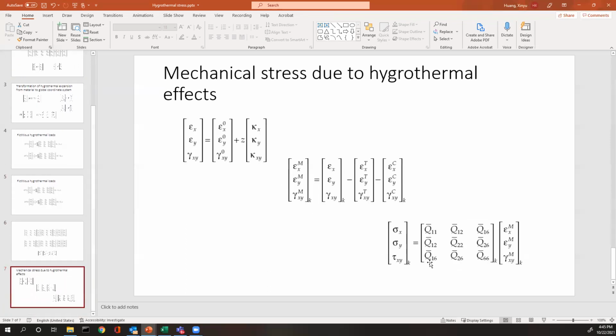At that point, you have obtained the stress in each layer due to thermal mismatch or moisture mismatch. This will be the stress in each layer due to moisture effect, due to thermal effect, everything will be captured here.